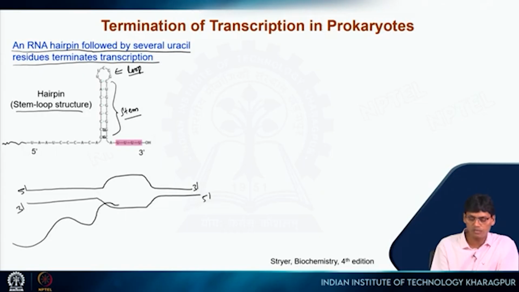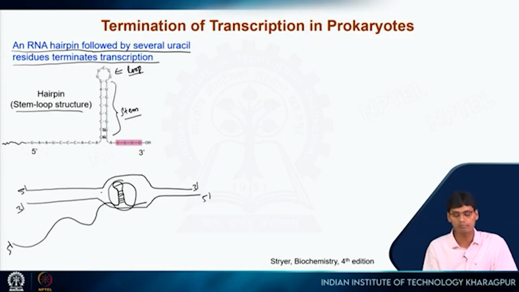Now, if this stem loop structure forms, with Watson-Crick base pairing, like intra-strand base pairing between GC and AT, not T actually, it should be A and U. This structure destabilizes the complex, and it will inhibit the progression of RNA polymerase, which is present here.